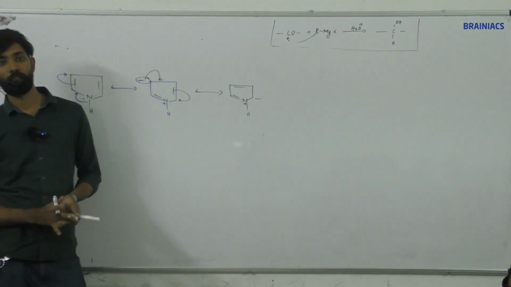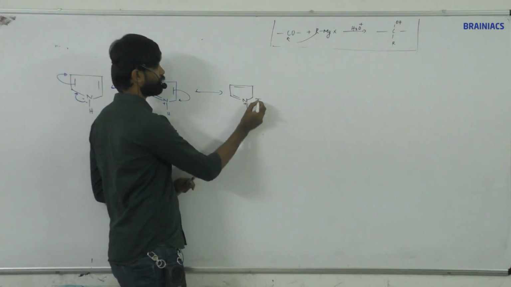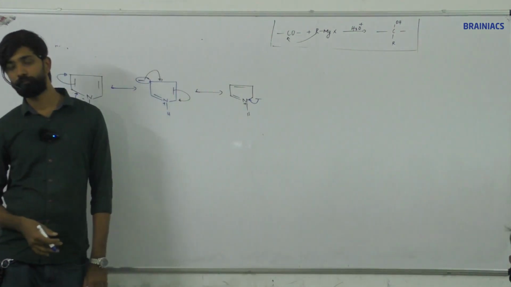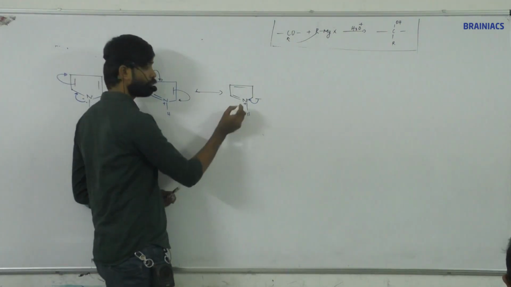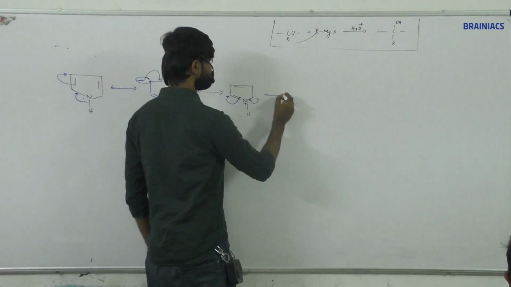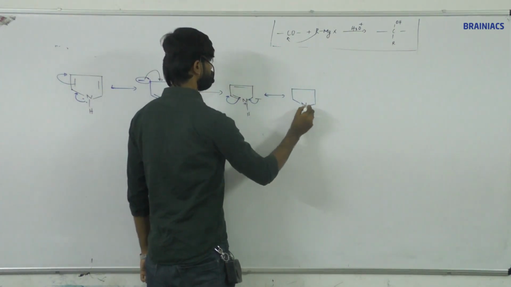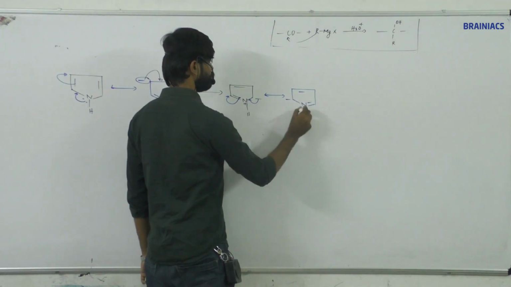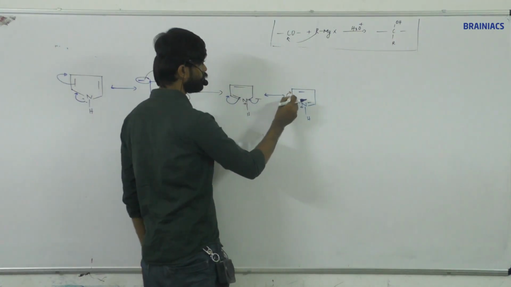Okay. What about the next? This is conjugated to here. The valency of nitrogen becomes 5. Okay. So this electron will be here. Then conjugated here.